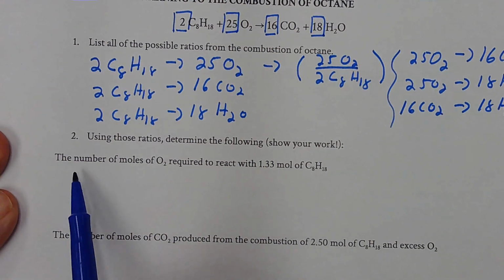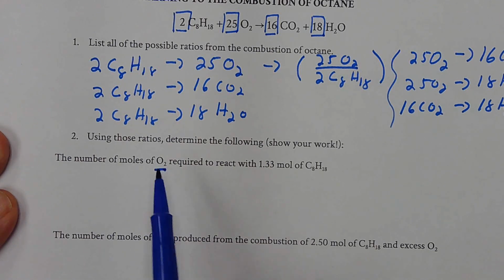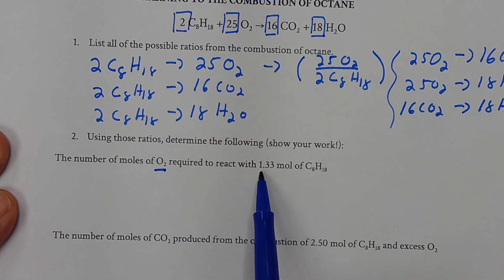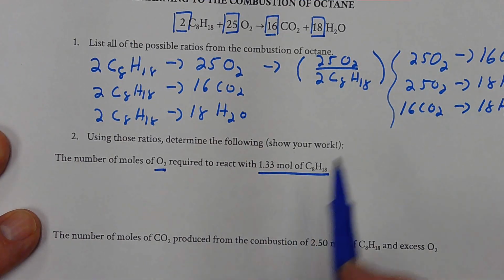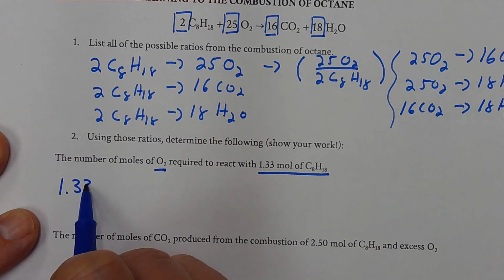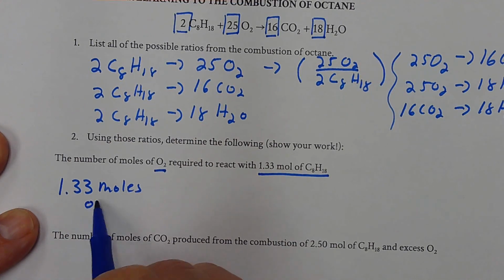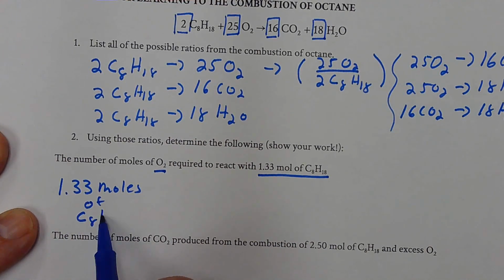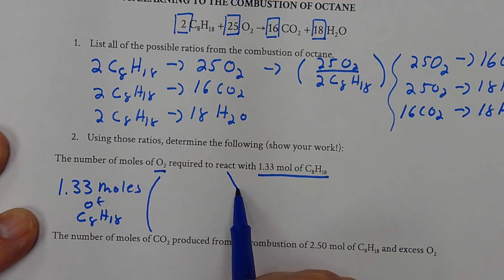The question's asking us the number of moles of O2 that are required to react with 1.33 moles of C8H18. All right, so we're going to use our mole ratios, but first we write down the starting point here: 1.33 moles of C8H18. Then we're going to use one of those mole ratios.